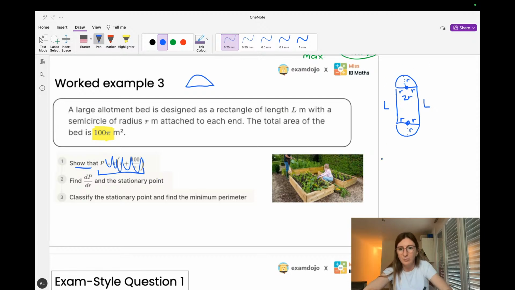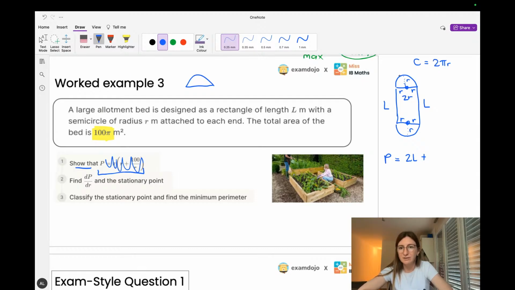So I need to find the perimeter. So how do I do perimeter? Well, if I start here, perimeter is all the way going around the edge of the shape. There's an L there and an L there. So I have 2 L's. That's part of my perimeter. Then I also have this over here. So that is of my semicircle, and the circumference or perimeter of a circle is 2 pi r.